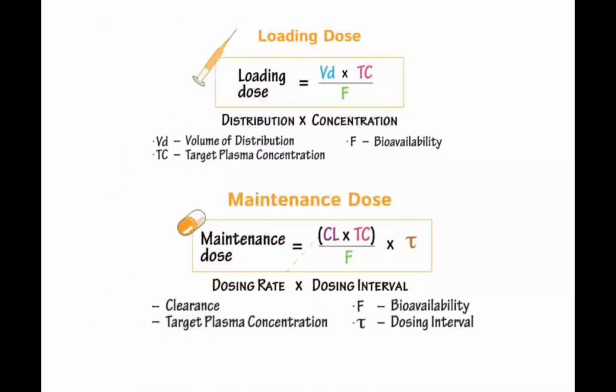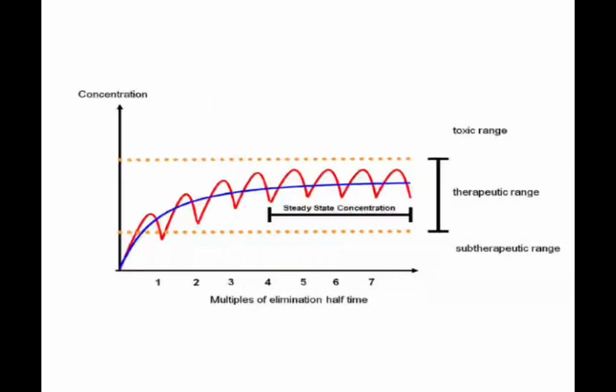Loading dose, you can see the formula. Maintenance dose, you can also see the formula. For steady concentration, this is a drug being administered. As the drug concentration is increasing, some part of it is being metabolized, increases again, metabolized, increases again, metabolized.